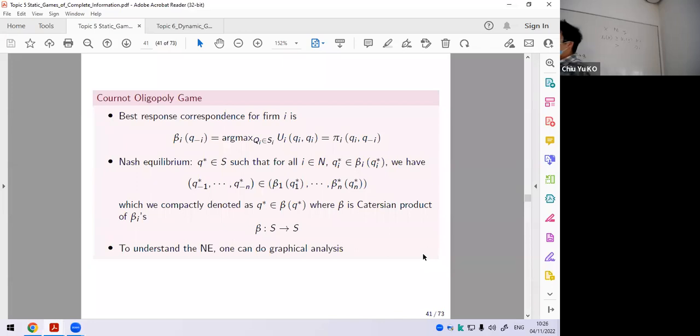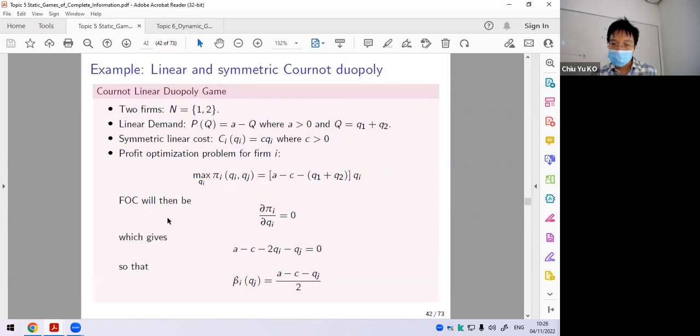In the standard case, P is A minus Q, cost is C times Q. This is the profit maximization problem: A minus Q minus C, times Qi.